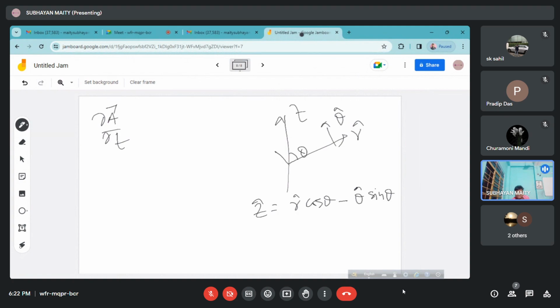This one is theta, so this one is 90 degree minus theta. So it will be along that direction, minus, because theta cap is along this direction. z cap I am writing with respect to r cap and theta cap.